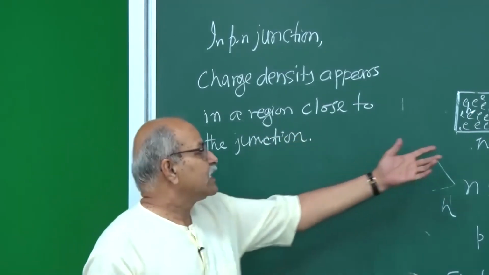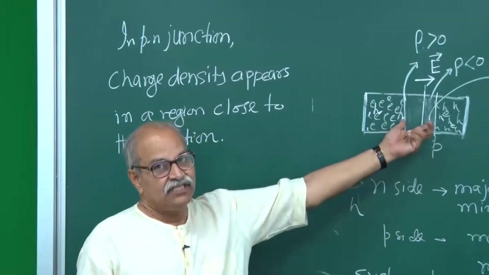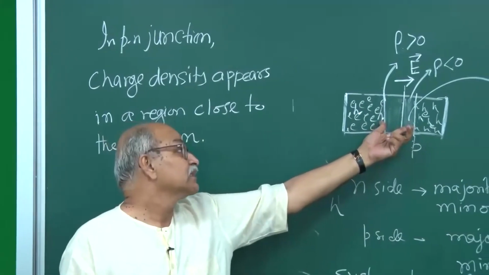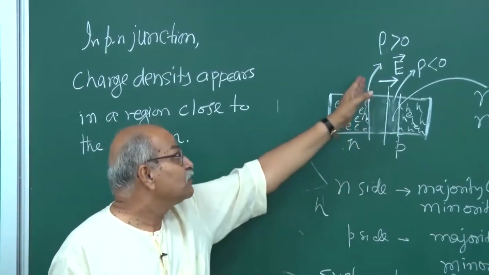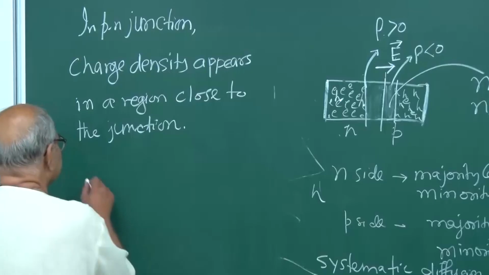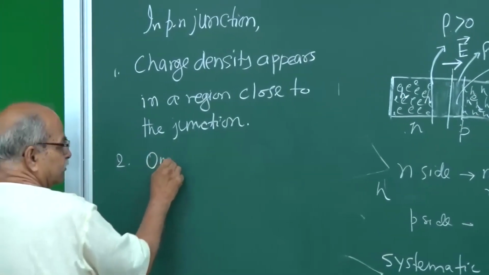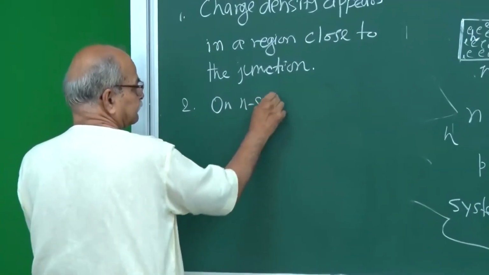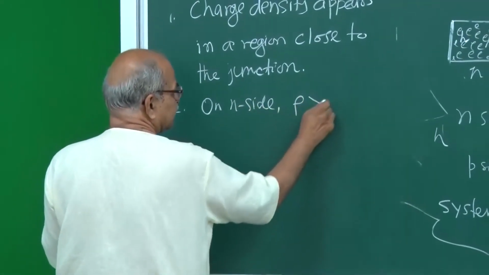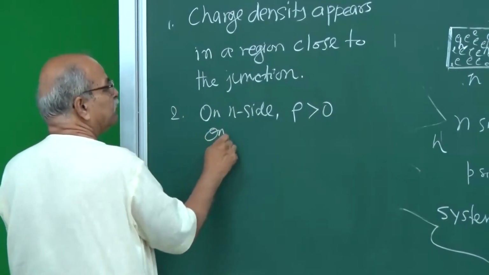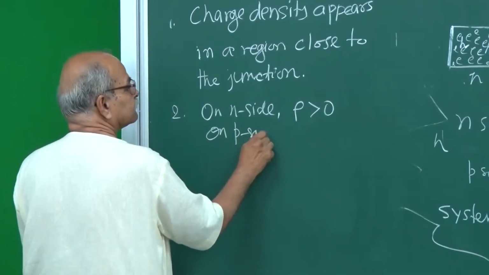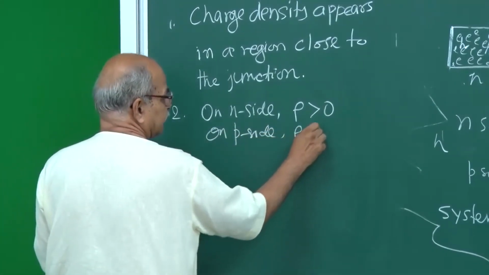Right? So close to the junction there is a region in which charge density appears. On the n side you have positive charge density, so rho is positive, and on the p side rho is negative.